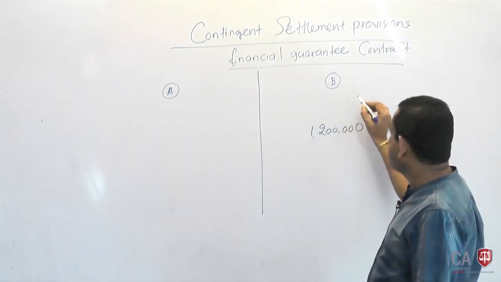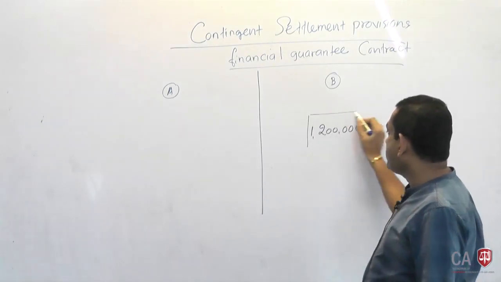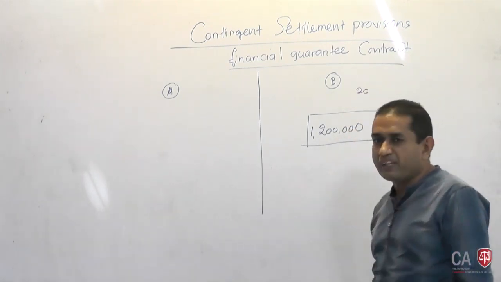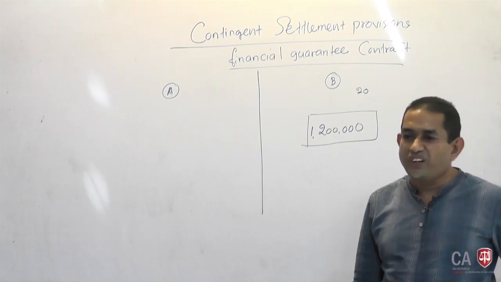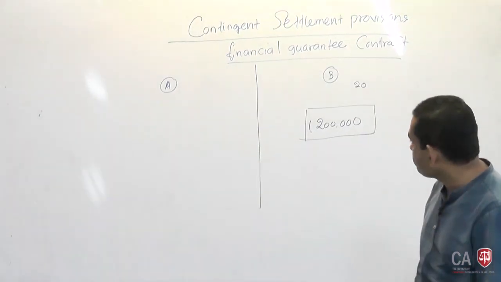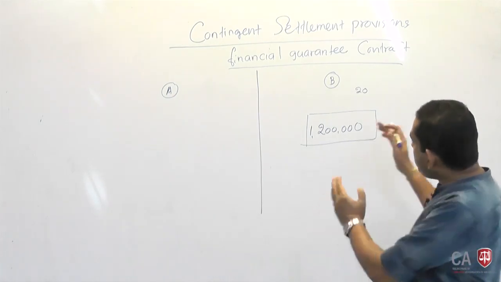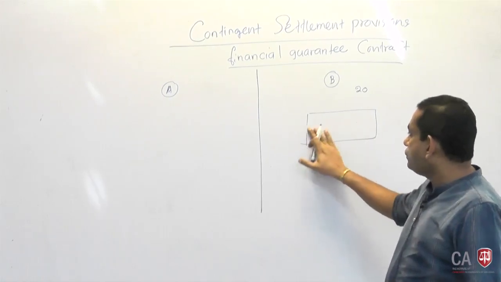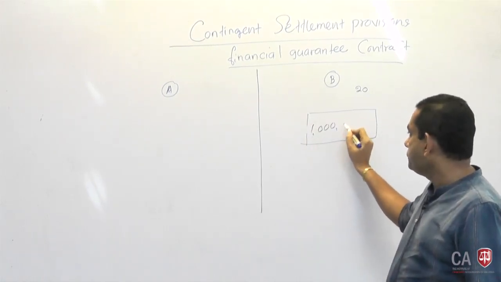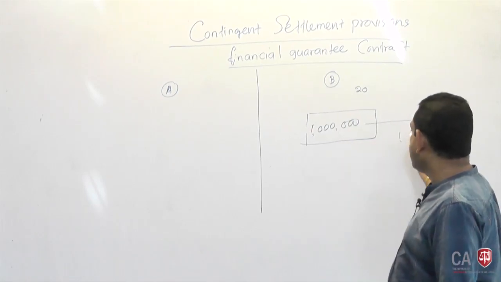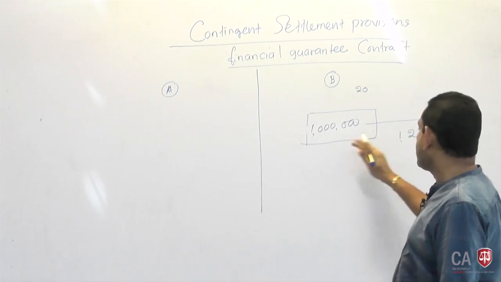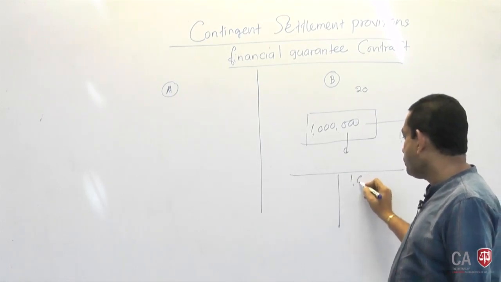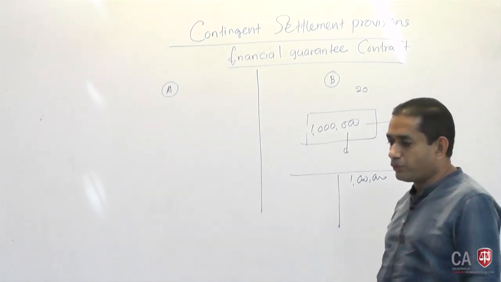So the bank says we don't mind giving the loan at 20%, the rates are a little high because your credit risk is very high. The transaction is arm's length. The loan value is now not 1.2, it is 1 million, and in 1 year's time the amount to be repaid should be 1.2. So the transaction is purely arm's length, the value has to be fair value, debit cash and credit 1 million rupees, that is how it is recorded.